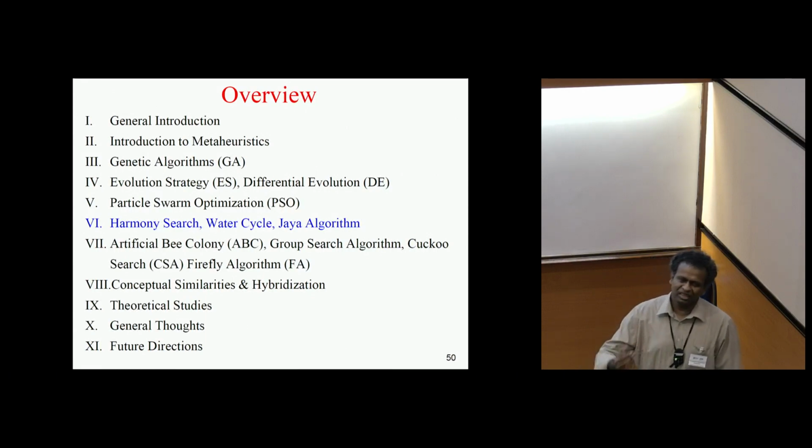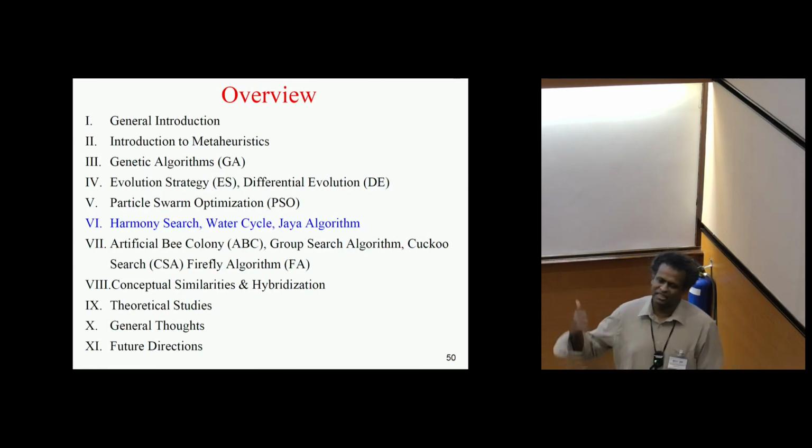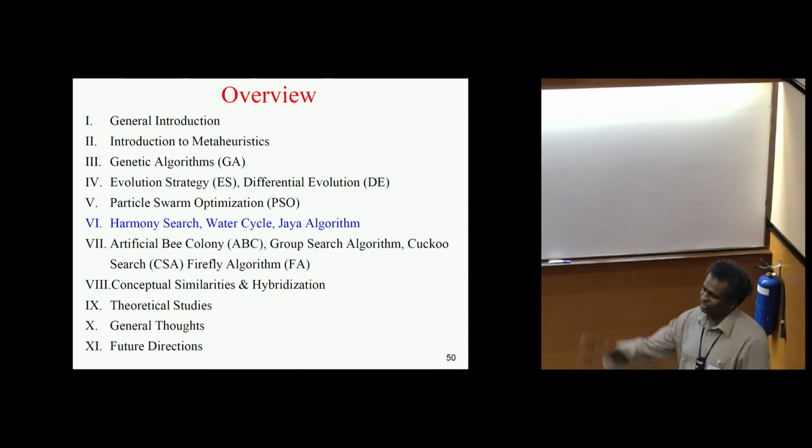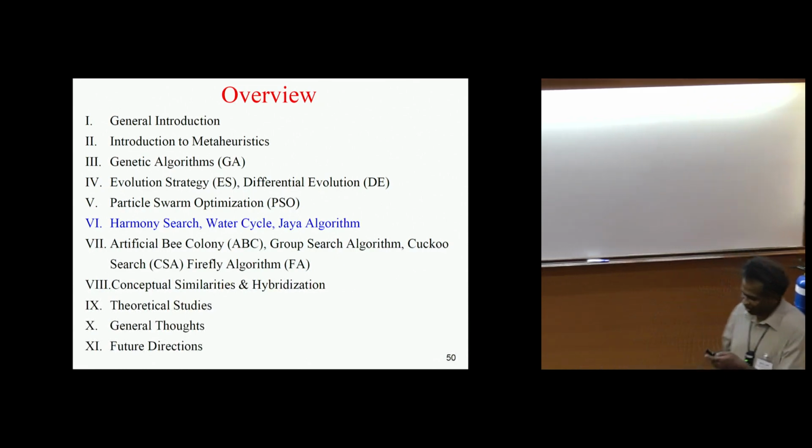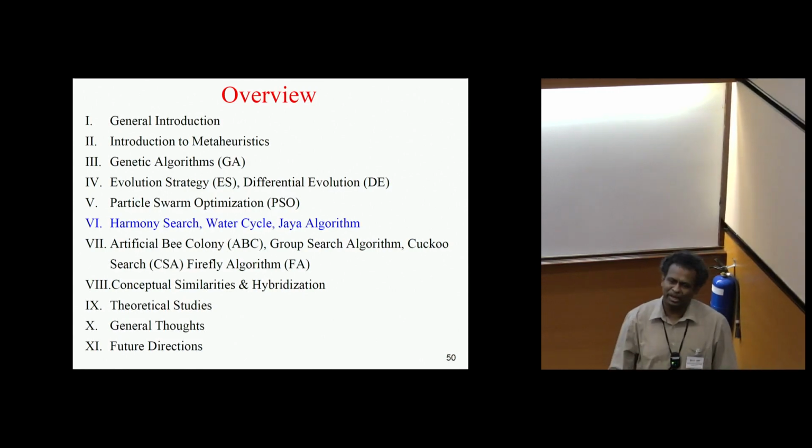So if you do strict comparisons with the best methods from the literature, it is usually difficult for these new methods to pass through. But some of the reviewers and some of the journals accept comparison along one line. One line comparison means you compare only with differential evolution, don't use anything else, or compare only with particle swarm. So when you do one line based comparisons, new names are very friendly.